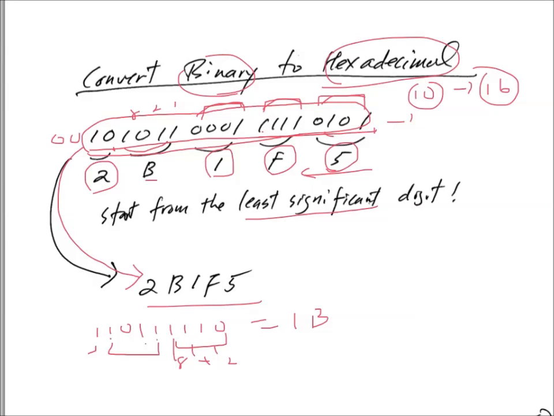So we know 14 is E. So 1101 11110 can be converted to 1BE in hexadecimal.